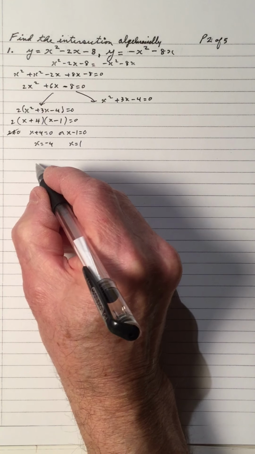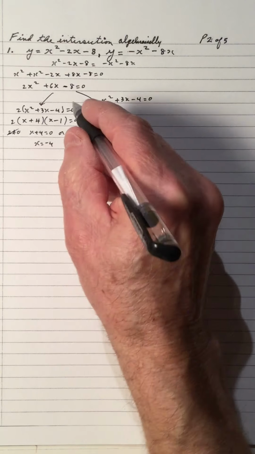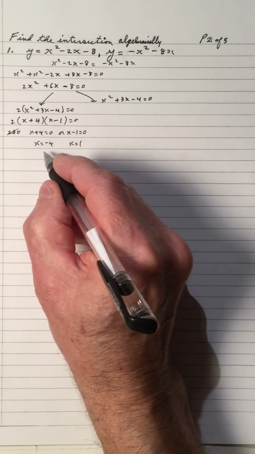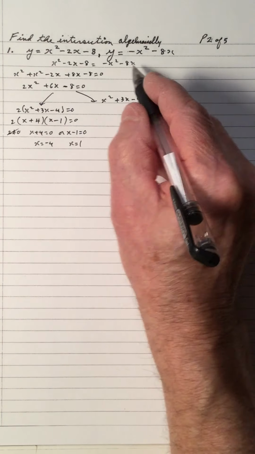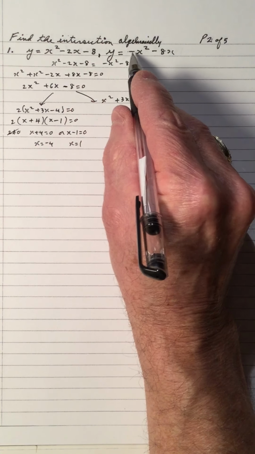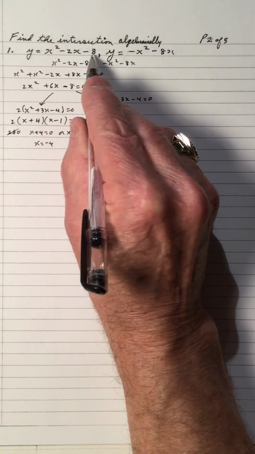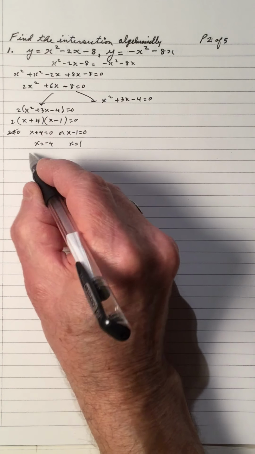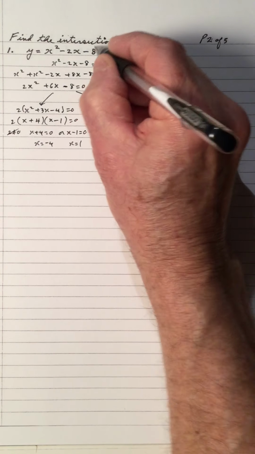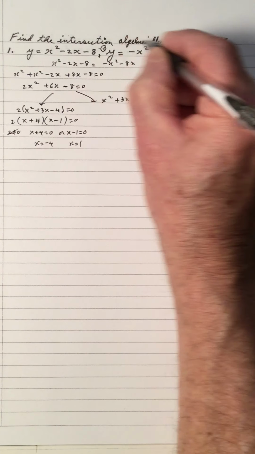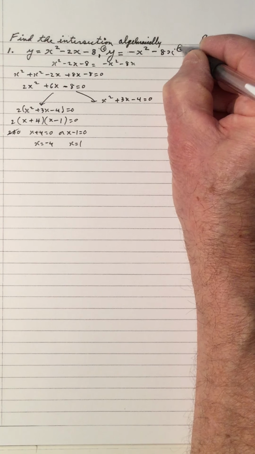If x equals negative 4, then I'll sub that back into either equation. Both of them are quadratic, so I'm going to sub it back into, let's call this one number 1 and this one number 2.